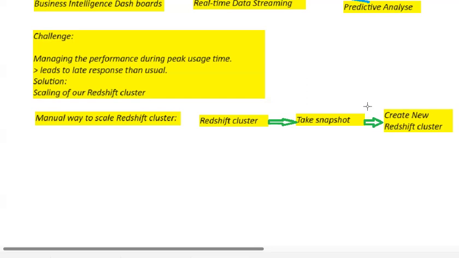Now let's say I want to use the advanced options which are available in AWS to overcome this scenario. So what are the ways we have? We have mainly 4 ways that are provided by AWS to scale these Redshift clusters. So let's see them.